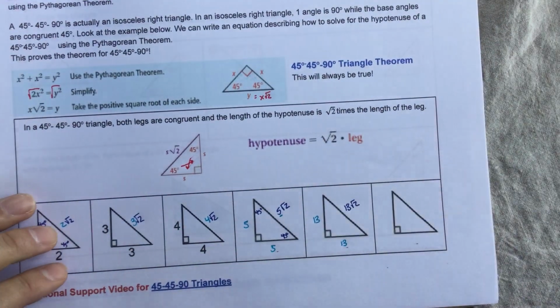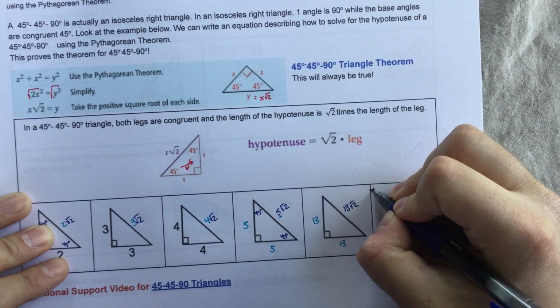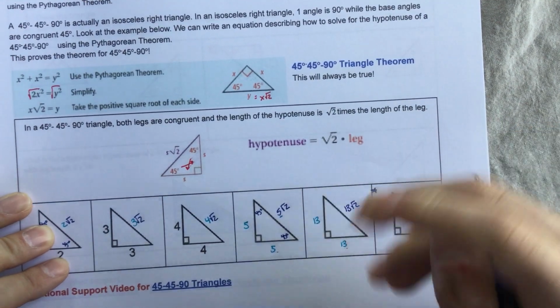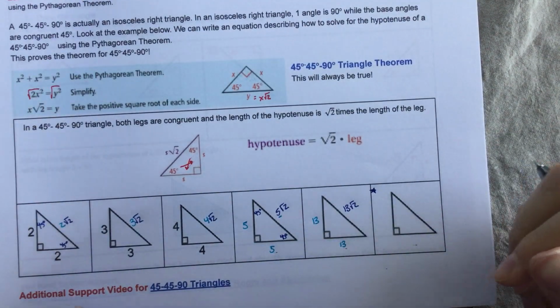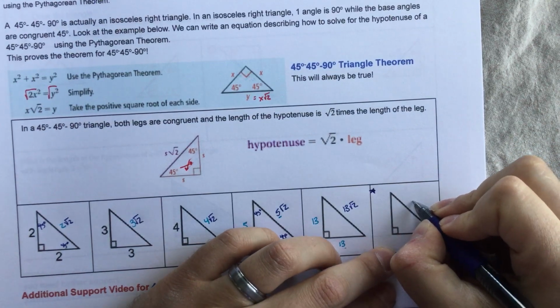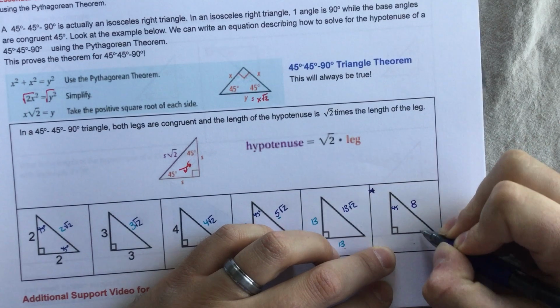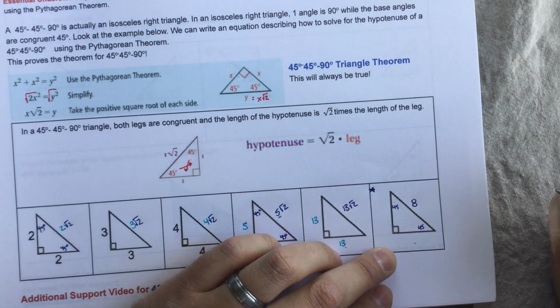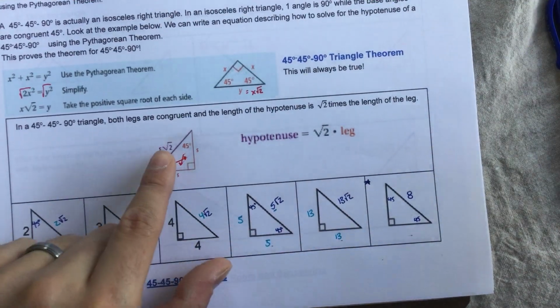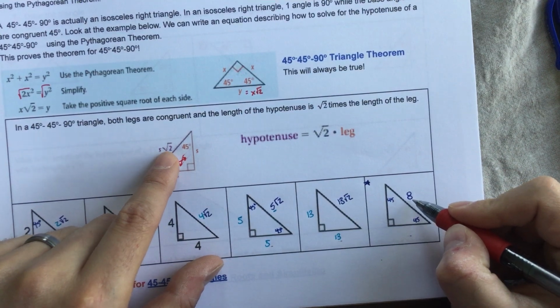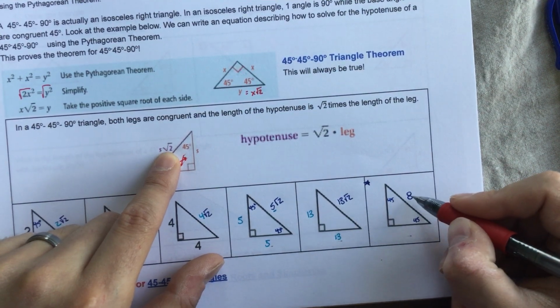What if, and let's put a little star here, this is going to take some extra steps that we're not going to get into in this video, but I will be sharing other videos regarding this. What if I knew this length was a length of 8, and this was a 45-45-90 triangle? Well, our pattern says this has to be some number times the square root of 2, which, as you can see, it's not.